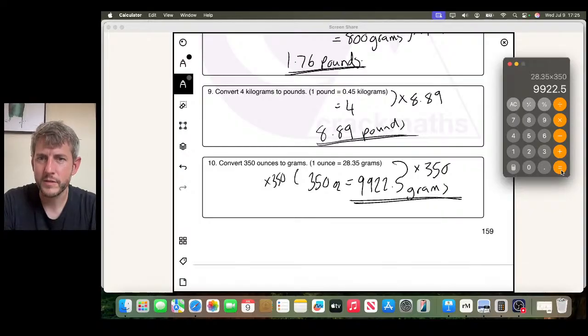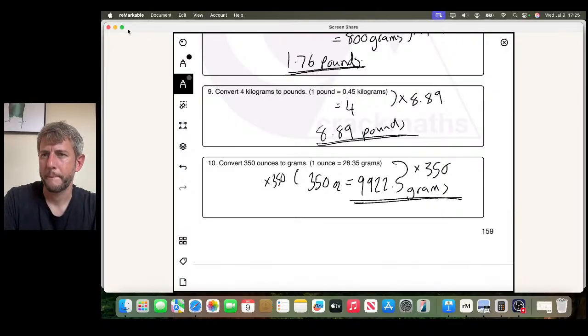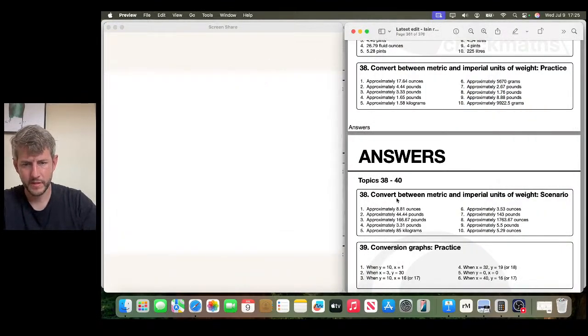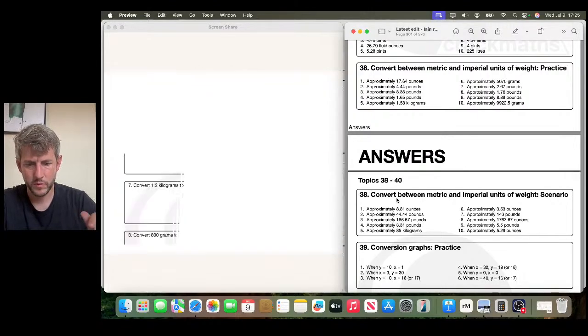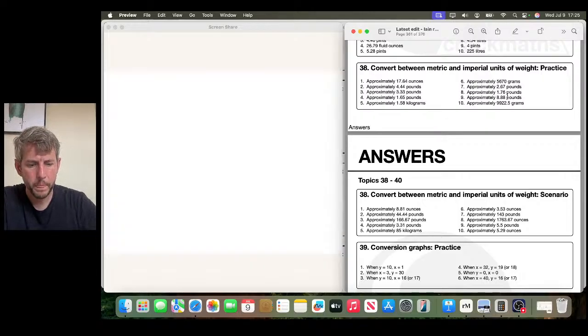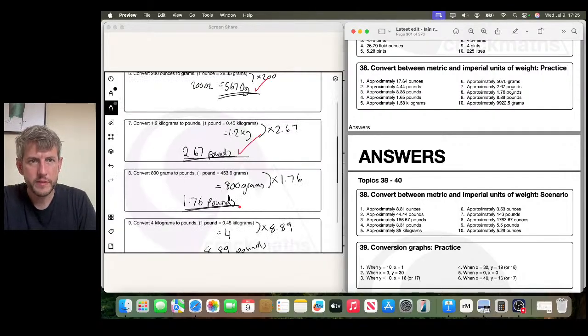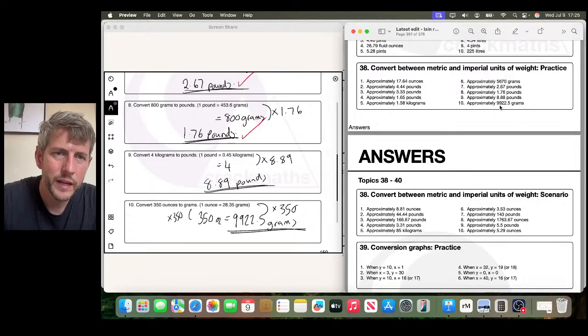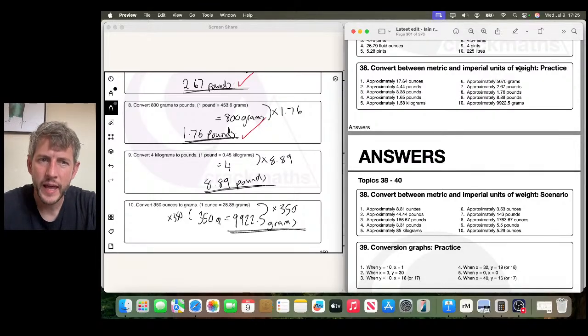Okay, let's get this marked. Here we go. At the top here, we've got that first one's right. This one's right as well. 1.76. Yeah, that's correct as well. Oh, well, they haven't rounded that right. If we were going to round that, that should be 8.89.